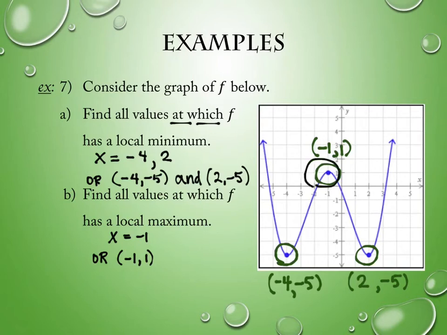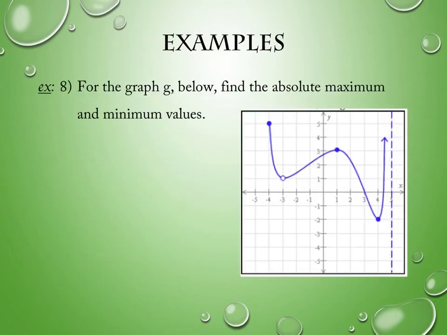But this point, while it's a relative maximum, it is not an absolute maximum because this graph continues on upward on the edges. There are bigger y values. So we would say that this graph doesn't even have an absolute maximum. And that's totally possible.